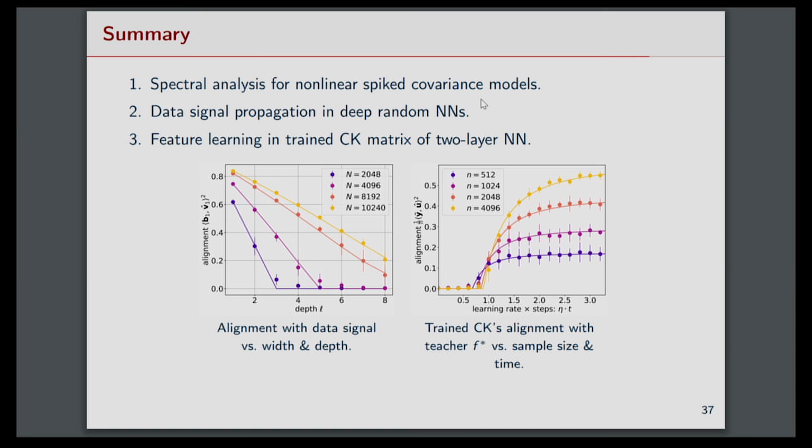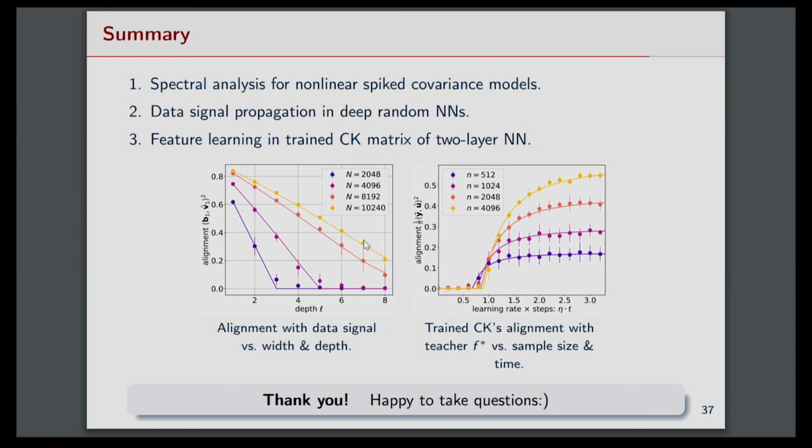In the second part, we considered the training case. For the neural network trained with finite-step gradient descent, we can present feature learning based on the eigenstructure of this trained CK matrix. So here is the summary from our figures. Thanks for your attention, and happy to take questions.